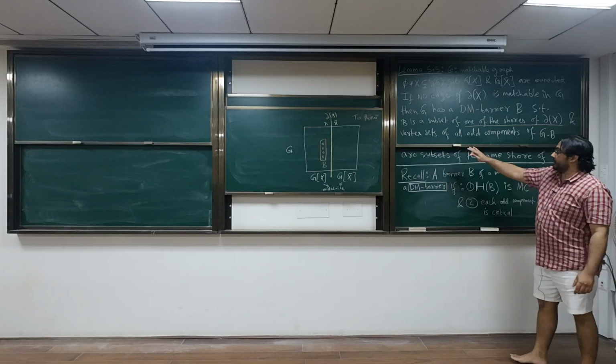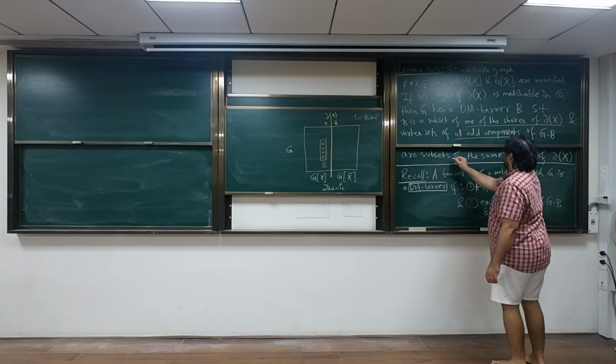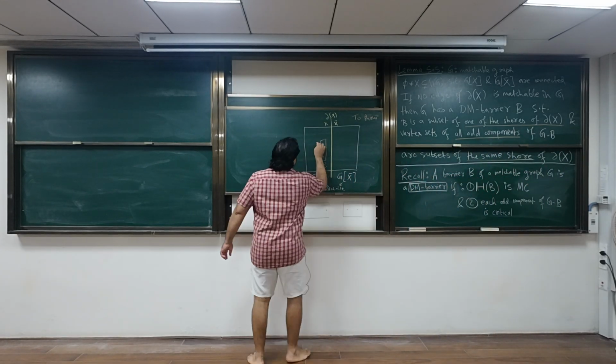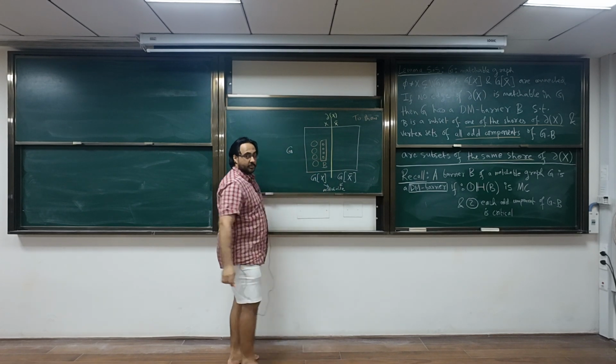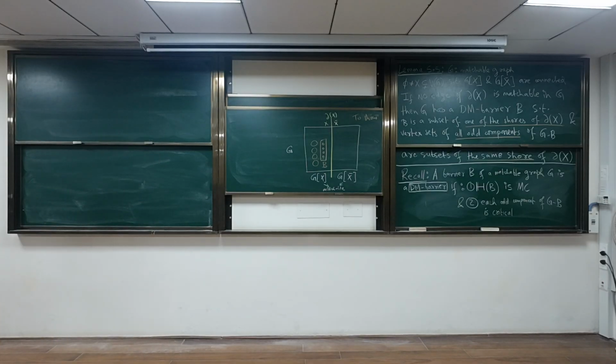And we want the vertex sets of all odd components to be on the same shore. Right? All odd components, their vertex sets should be living in the same shore. This is what we want. Yeah? Statement clear? Okay.